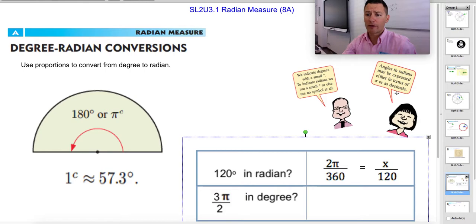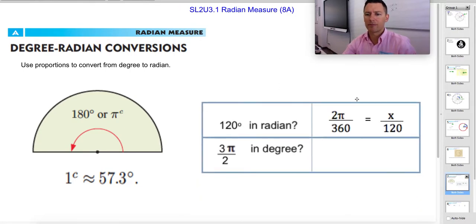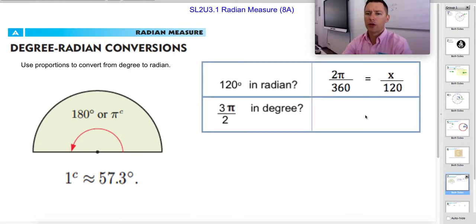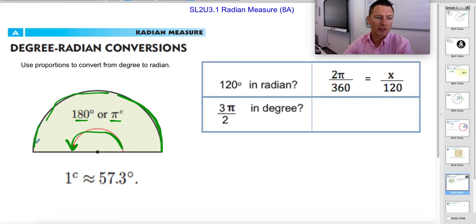To be able to switch back and forth between them is not too bad. You're just using a proportion. And you can think about this, like halfway around the circle is 180. It's also pi radians. And that's because it's half of the circumference, which is 2 pi r.